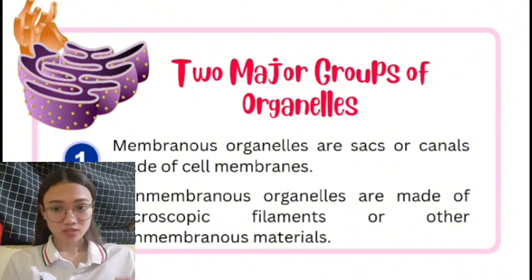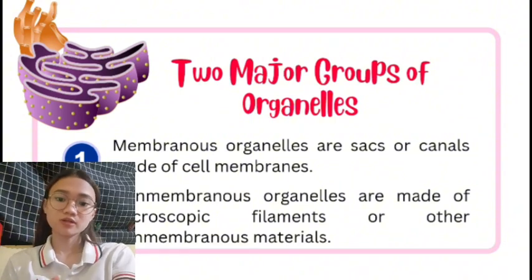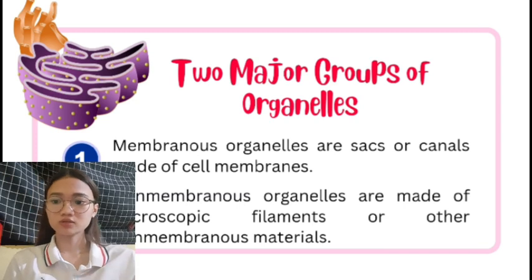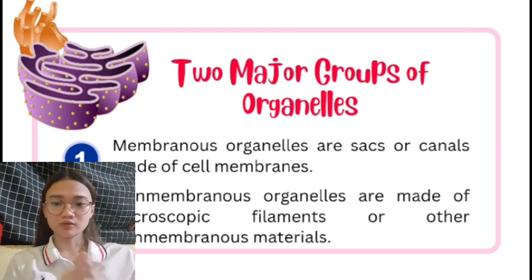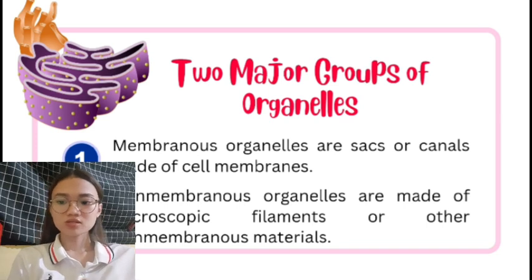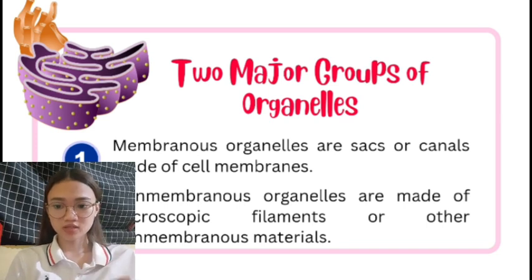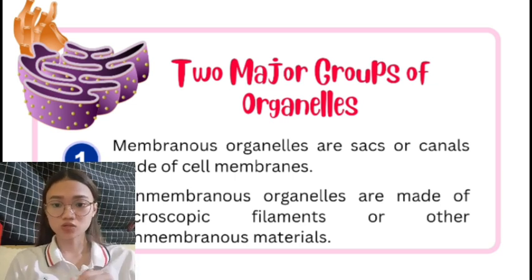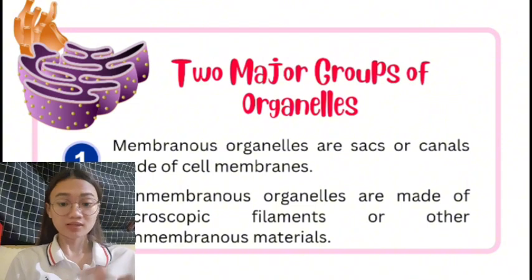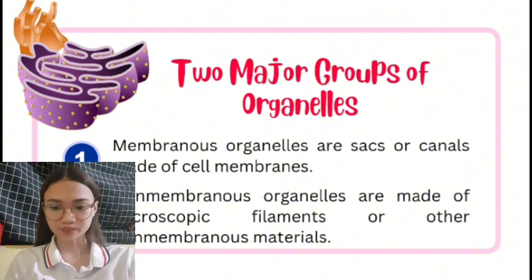Sa membranous naman, it is similar to the cell membrane, so it creates distinct environments within the cell, katulad ng nucleus, mitochondria, endoplasmic reticulum, the Golgi apparatus, and the lysosome. Pagdating naman sa non-membranous organelles, they are typically composed of protein filaments like ribosomes, centrioles, and cytoskeleton. So, later on, i-discuss natin siya.